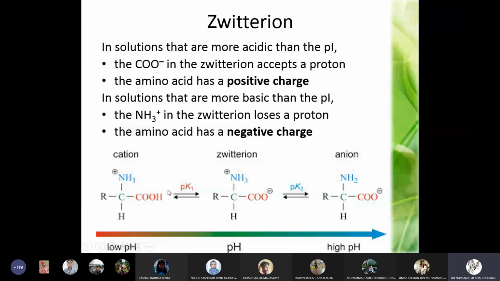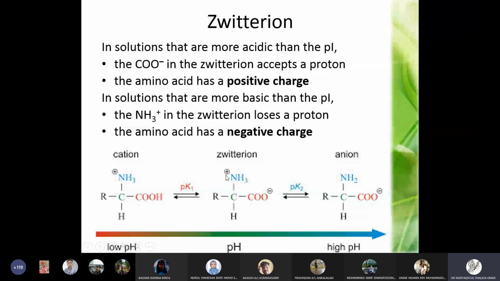But what happens at low pH, when there's an abundance of H plus, an excess of H plus? The COO in the zwitterion accepts a proton. So the H from the solution will bind to the carboxyl group, so it becomes positive at low pH. So that's the difference.